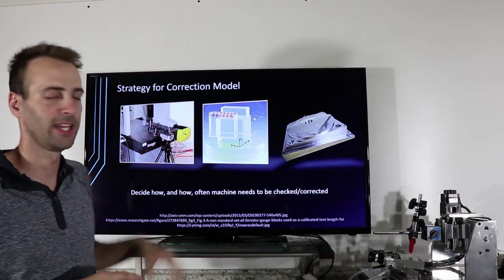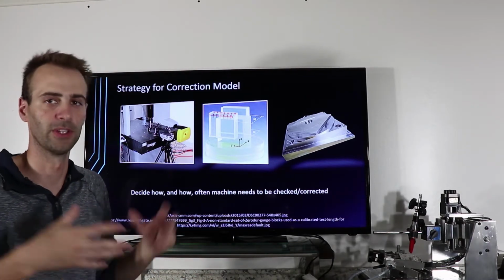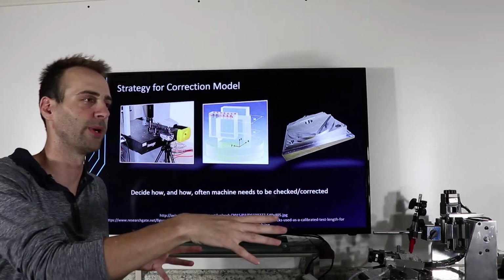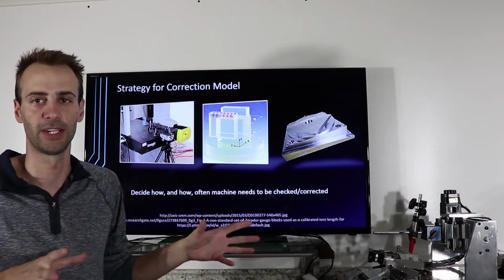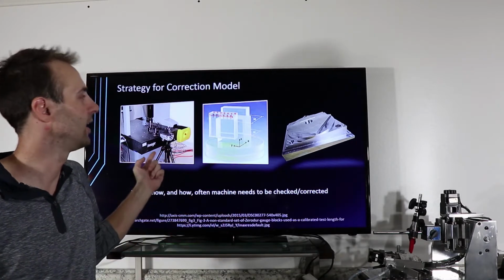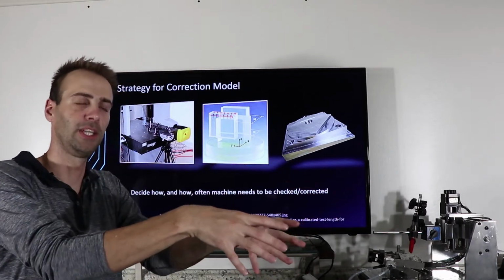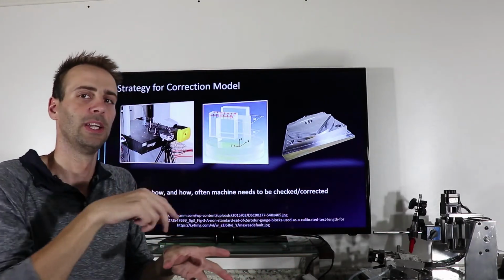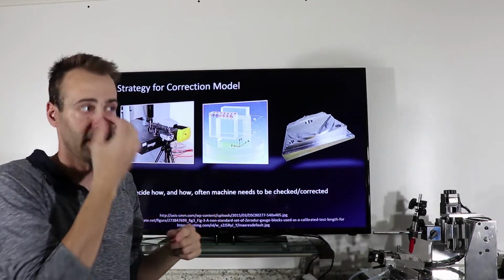I said that this laser, the interferometer kit, is the gold standard for how to software correct machines or initially calibrate or characterize a machine. You're not going to go out and buy this. So the next best thing is to put some known shape into the machine and use that to measure.